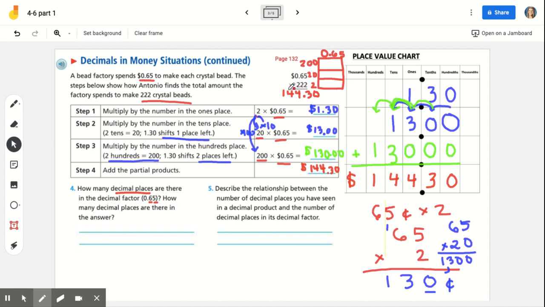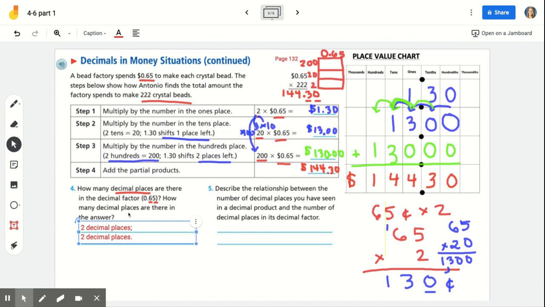Well, our answer was $144.30. Let's count how many decimal place values there are in our answer. 1, 2. 2 decimal places. Let's add that into our answer. 2 decimal places in our factor, 2 decimal places in the answer.